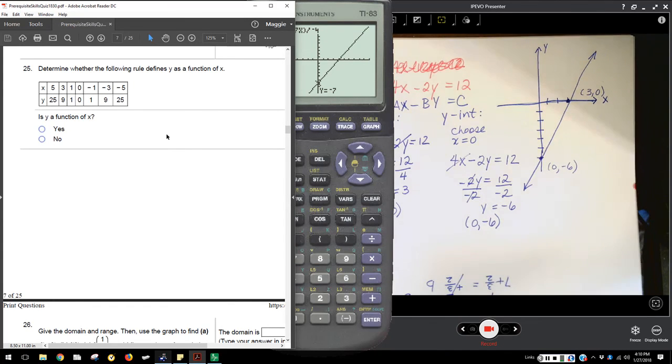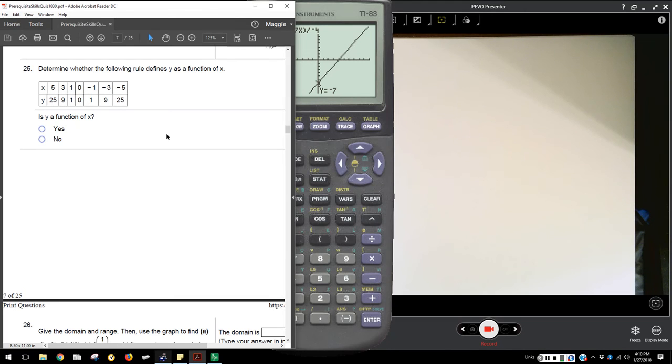Number 25 says to determine whether y is a function of x.